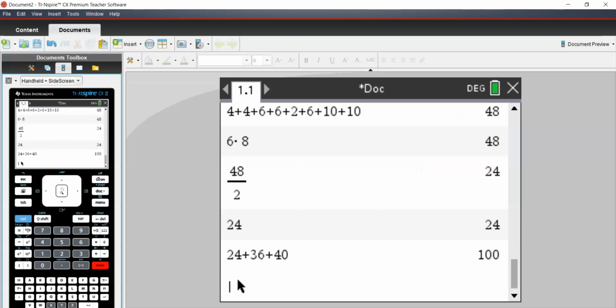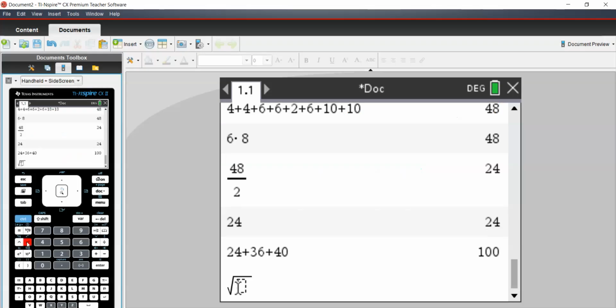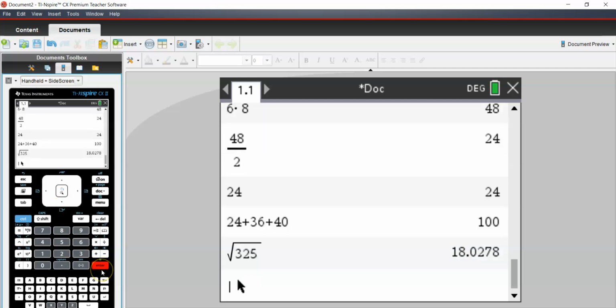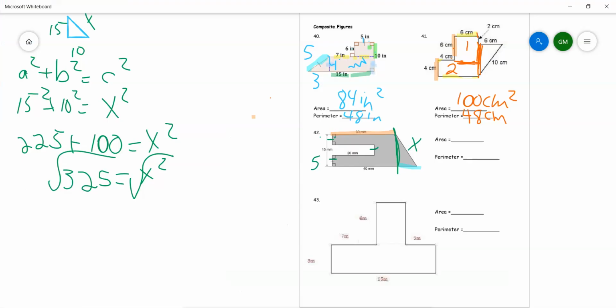Pretty sure that's not actually a perfect square. 18.0278. Let's go with 18.03. It's mostly for additive purposes.